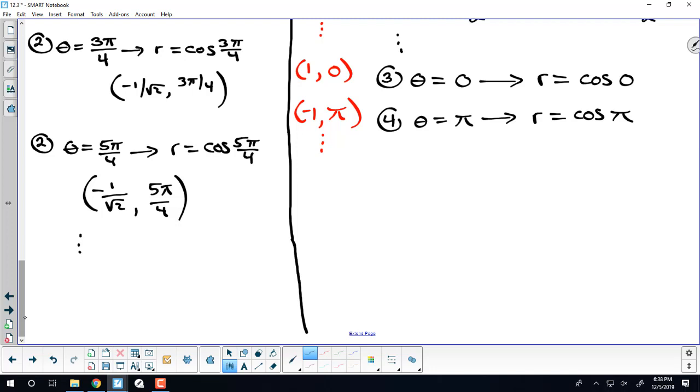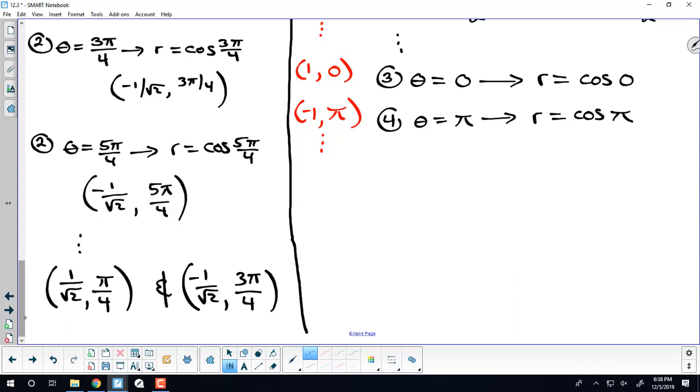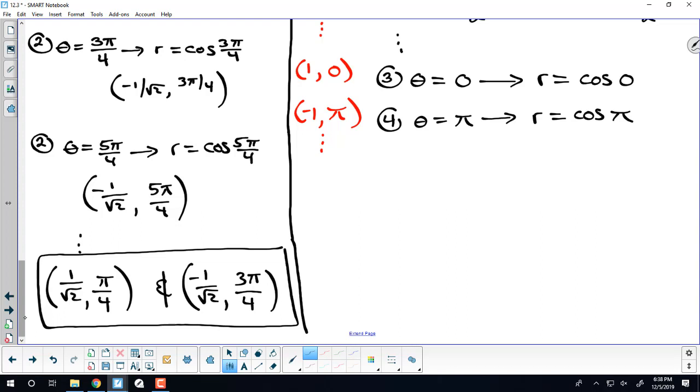So our horizontal tangents occur at an r of 1 over root 2, theta pi over 4, and a negative 1 over root 2, 3 pi over 4. And we'll go ahead and write our 2 points down for this one too.